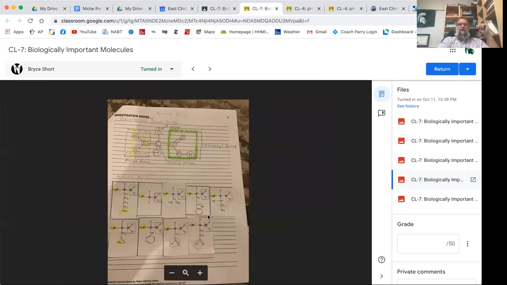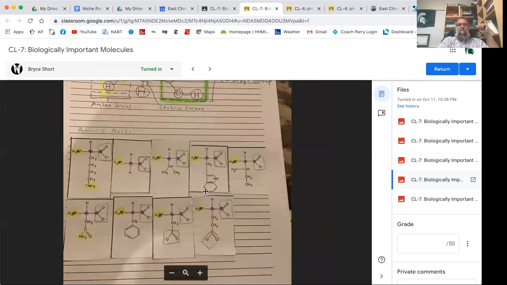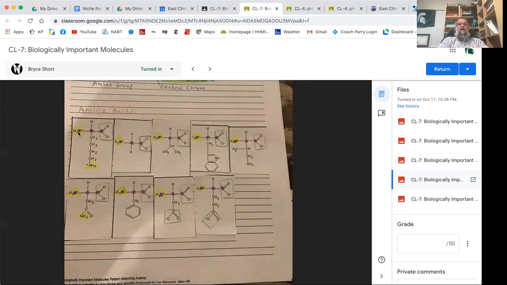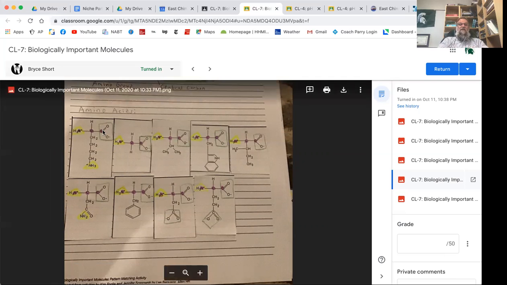And so every one of these, you can see that backbone. There's the NH3, that is the amine group. There's the central carbon. There's the carboxyl group, that's the backbone.